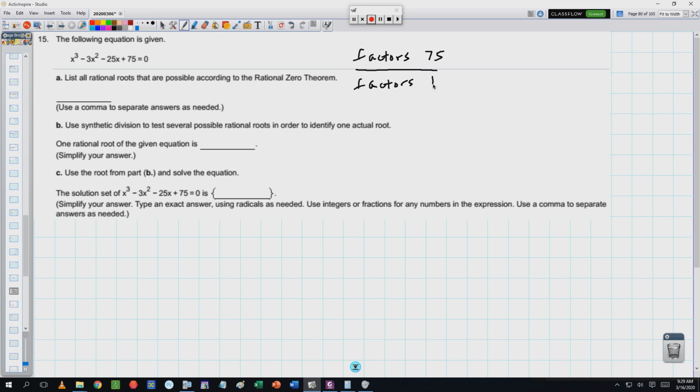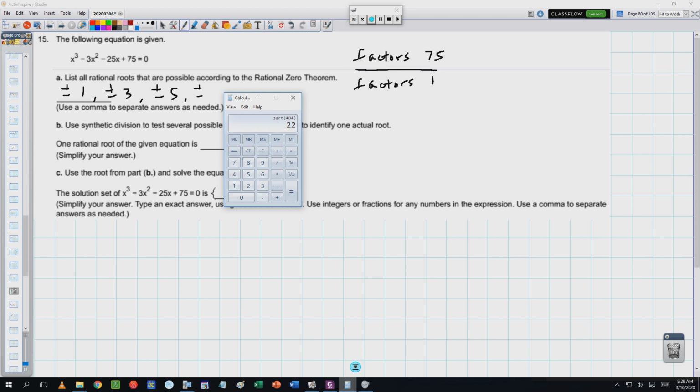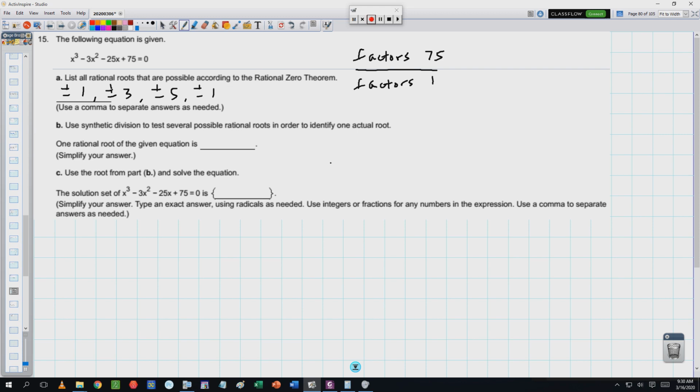So factors of 75 will be plus minus 1, plus minus 2, nope, not 2, plus minus 3, plus minus 5, six won't go. How many times does 5 go? Plus minus 15, plus minus 25, and plus minus 75.